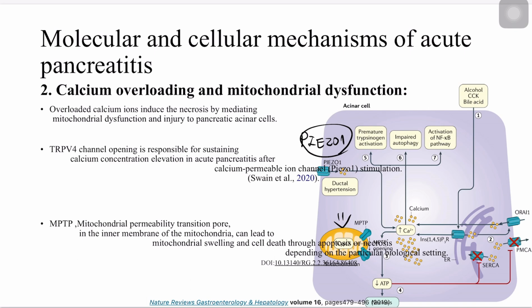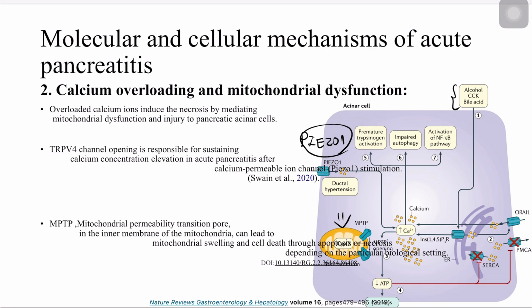And the reason, as you see here, we can say with alcohol and citric and bile acid, for example, in the animal experiment with the mice, they usually use cerulein, a CCK analog, in a high dose, and it can cause acute pancreatitis.